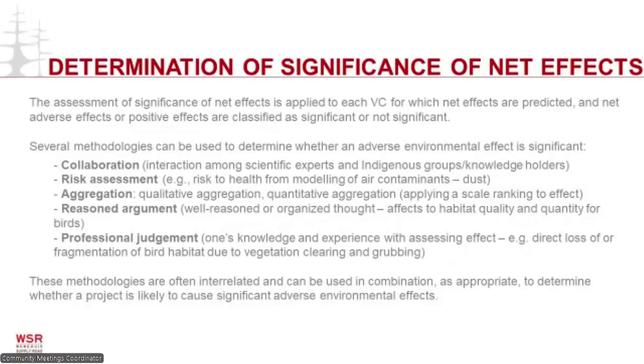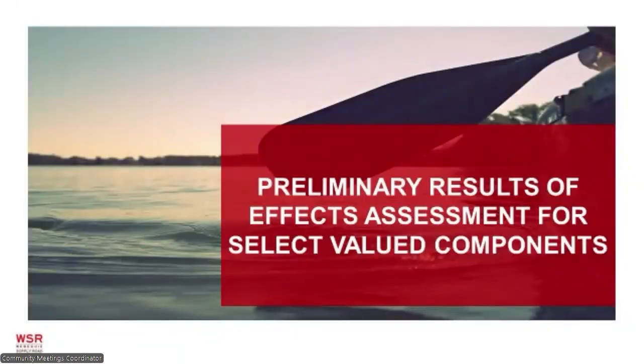We determine how significant net or leftover effects are using a number of methods, such as scientific experts working with community members, assessing risk ranking, or weighing effects, as well as the professional judgment of experts using their knowledge and experience. Let's move now to talk about preliminary results of effects assessment for select valued components.